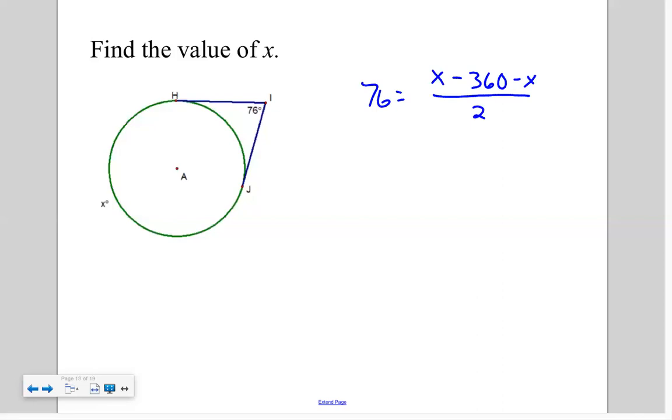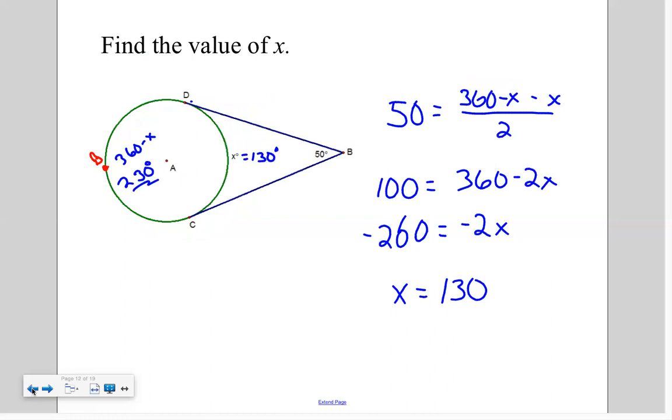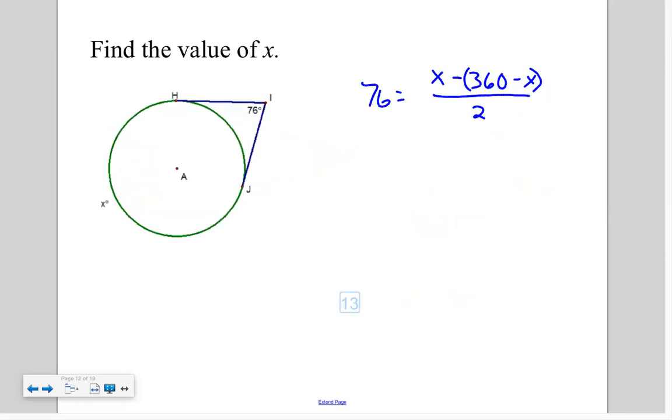Now, when we subtract this, we probably should put that in parentheses, because we're subtracting this whole thing from x, whereas before, let me go back and show you, if I would have put this in parentheses, 360 minus x, when I get rid of the parentheses, I'm just multiplying times 1, so it would go away. The difference between that and this problem is that when I'm getting rid of the parentheses here, I'm multiplying times a -1.